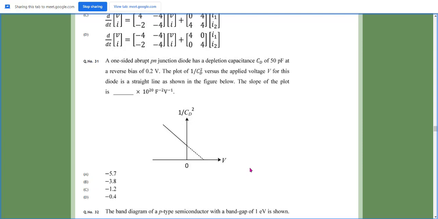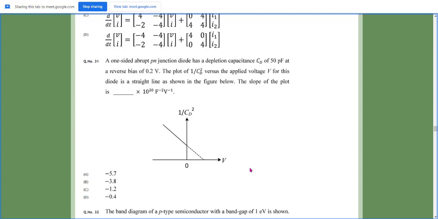So that is why they have given CD square value with respect to V. Okay, and then you have to give the slope. So basically with the applied voltage, whatever is CD square from the formula you find out, and then you will be able to give that value.